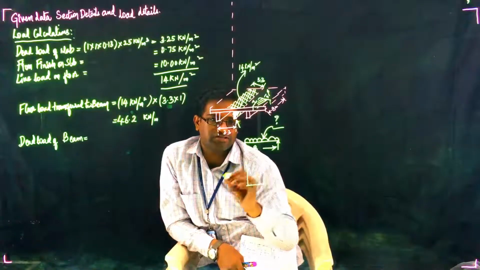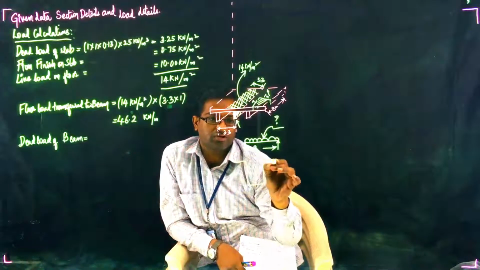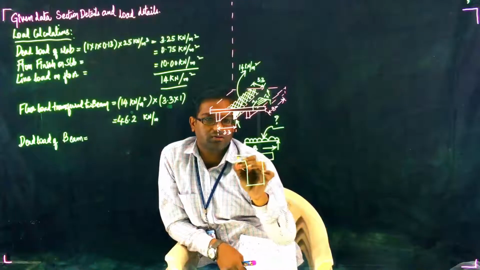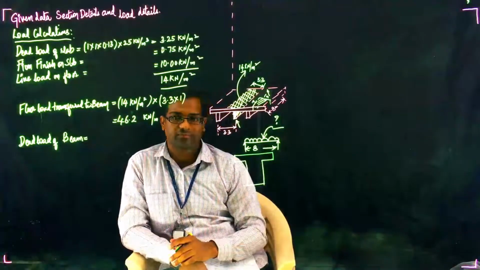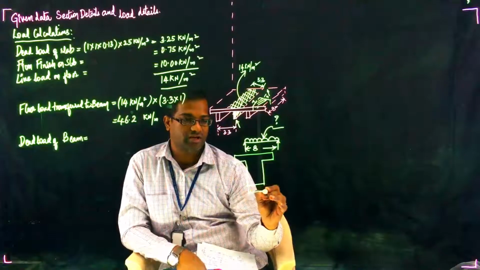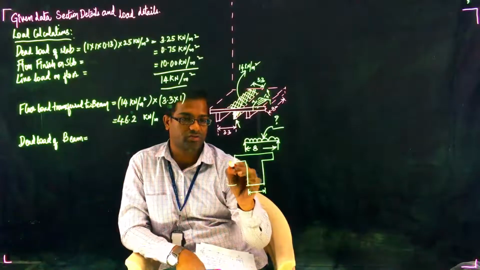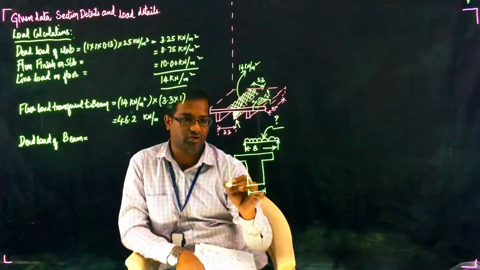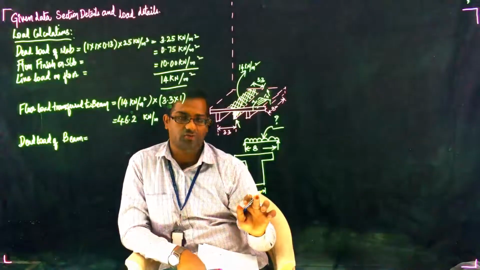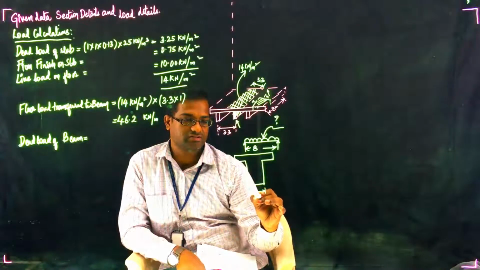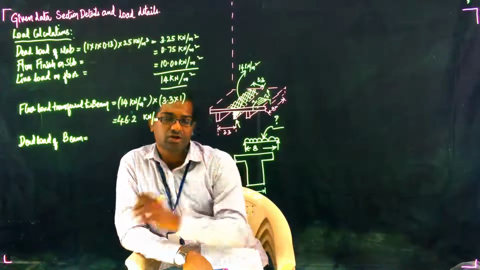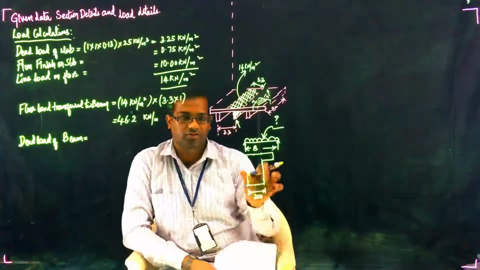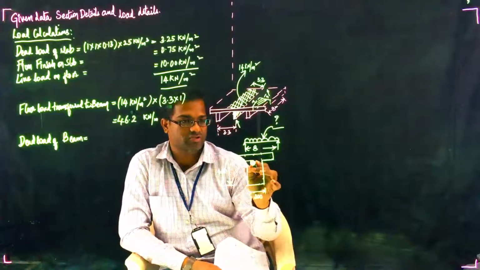If this is the beam, the breadth is given to you and this overall depth is given. So this is 300 and this is given as, I think, 450. Now this is the cross section.